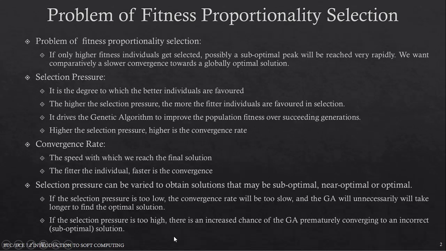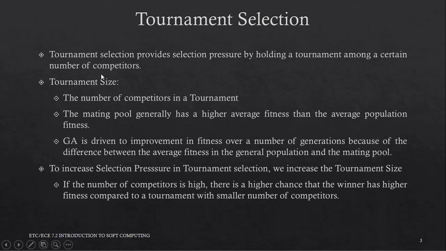Tournament selection provides selection pressure by holding a tournament among a certain number of competitors. This number of competitors is known as the tournament size. Another term that you'll have to remember. The winner of the tournament is then inserted into a mating pool. The mating pool consists of all the tournament winners.